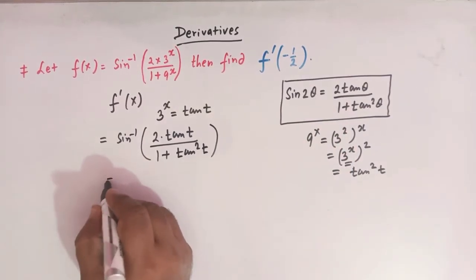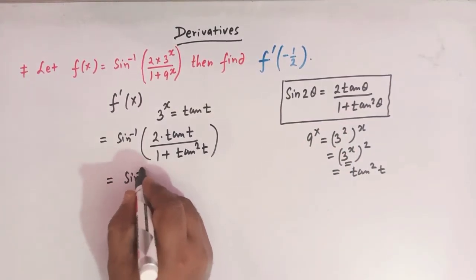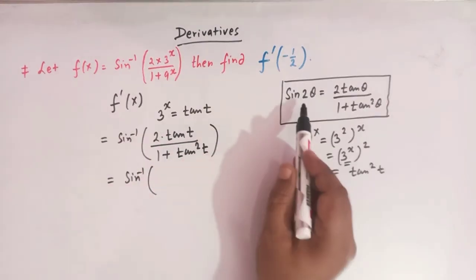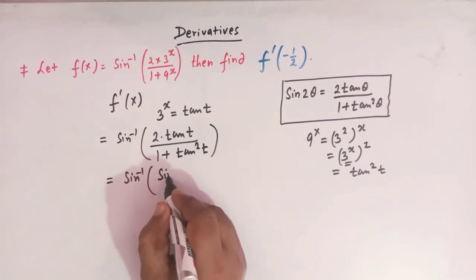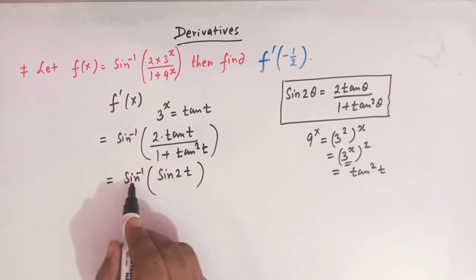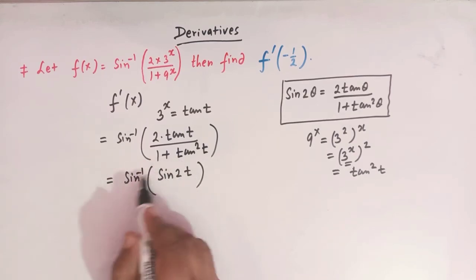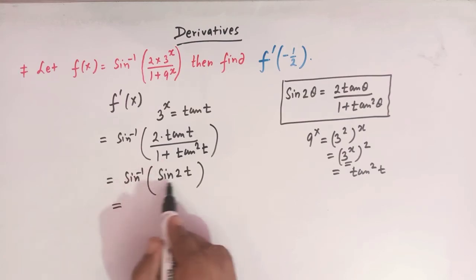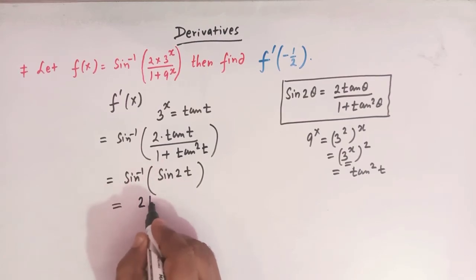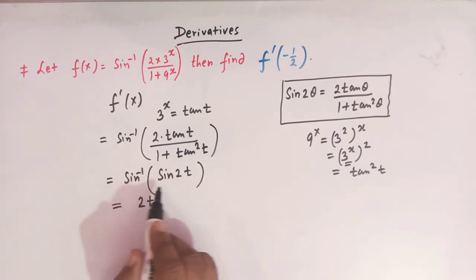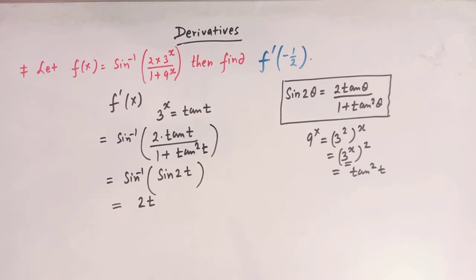So now we can write sine inverse, and 2 tan t over 1 plus tan square t can be written as sine of 2 times t. By the definition of inverse trigonometric function, this sine inverse and this sine get cancelled. We are left with 2t, provided that we have the principal branch.